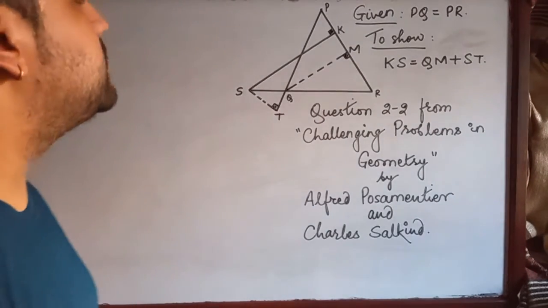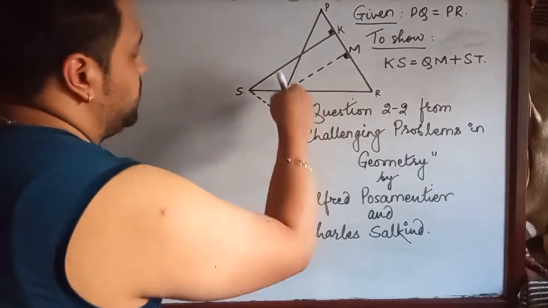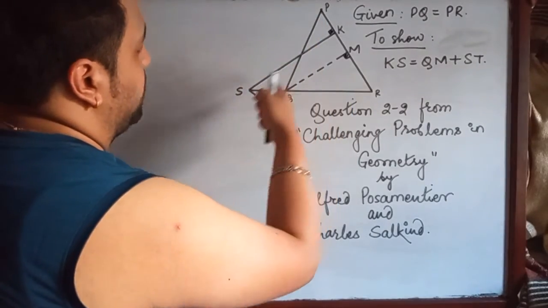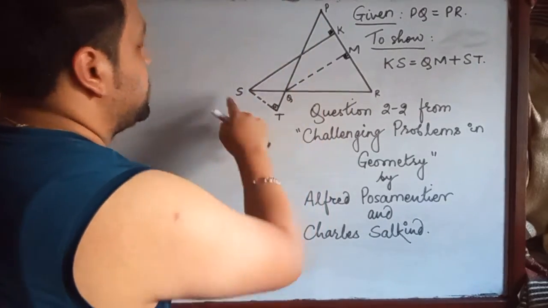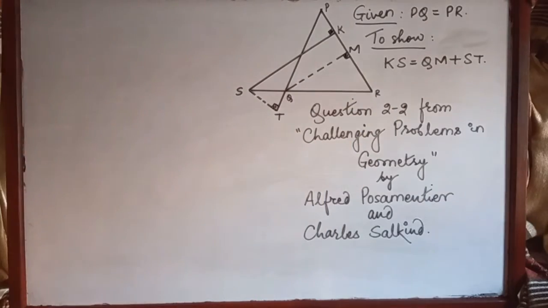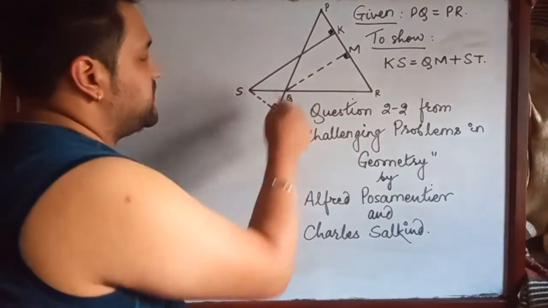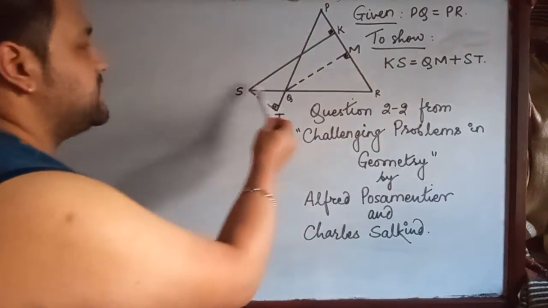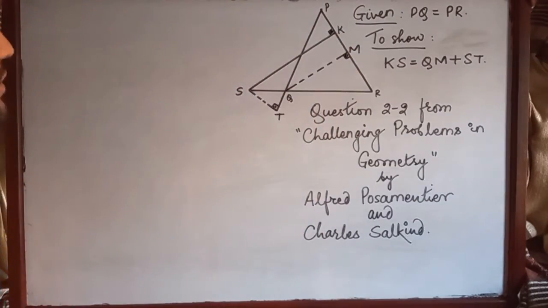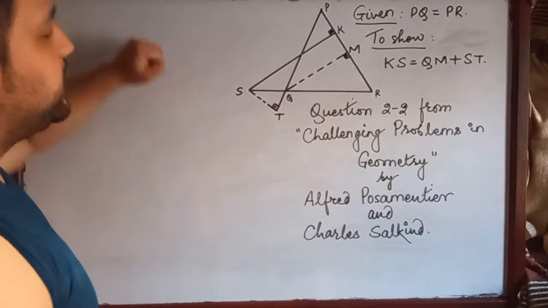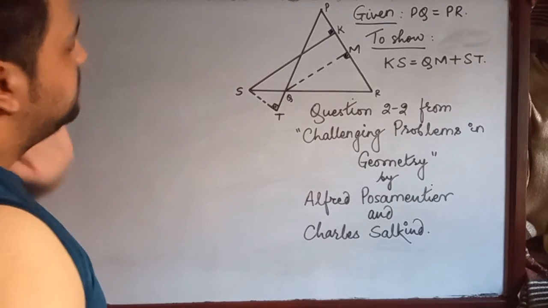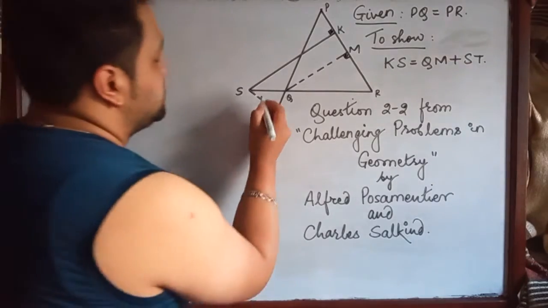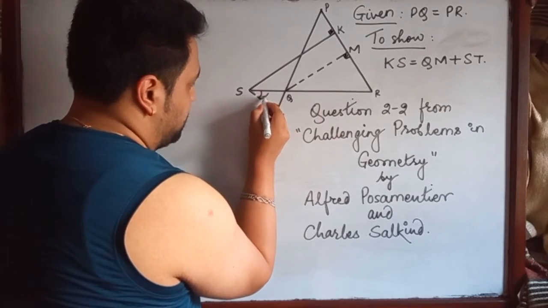All right. Let's get started. By the way, PQT and SQR are collinear. PQ and T are collinear, SQ and R are collinear. This is a straight line, this is a straight line. Let's suppose that this angle is alpha.